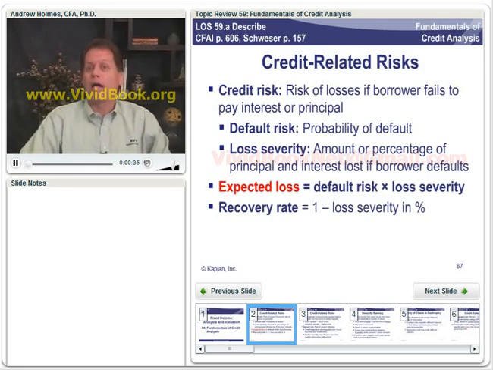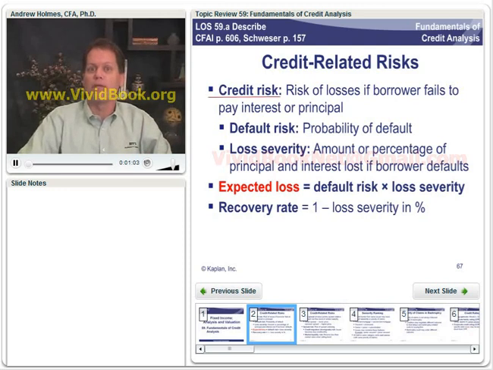So, credit-related risks. We'll start off by talking about a couple of risks here. If you talk about the general, base case corporate bond, and you ask somebody on the street what the main risk of a corporate bond is, they'll probably look at you funny because they don't know what a corporate bond is. But if you explain that it's a mechanism firms use to borrow money, that is, they sell the bond and that's how they bring debt capital into the firm, then they would probably tell you that the primary risk is credit risk.